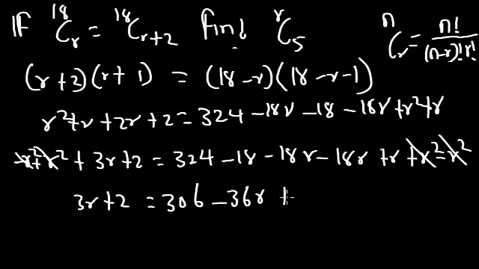Then plus r, so that will be 3r plus 2 equals 306 minus 35r.